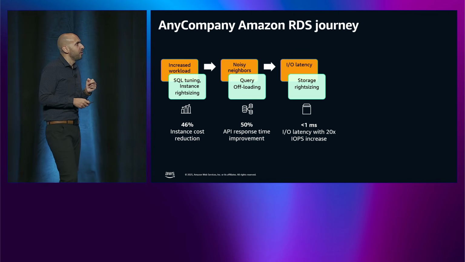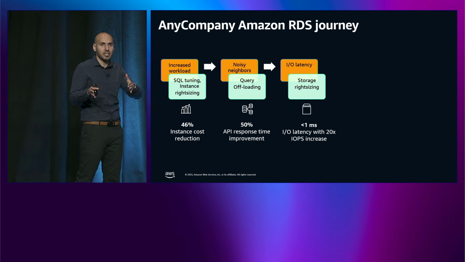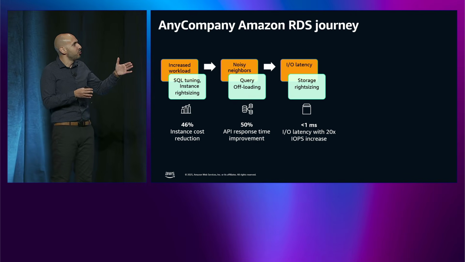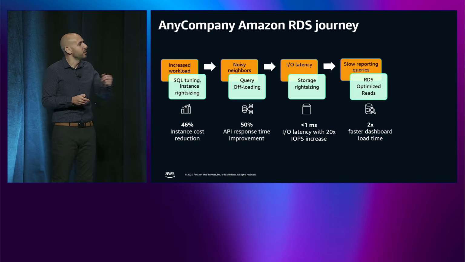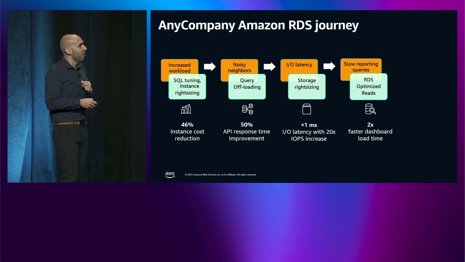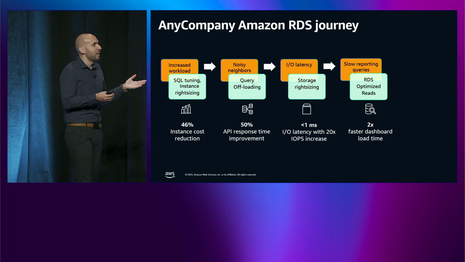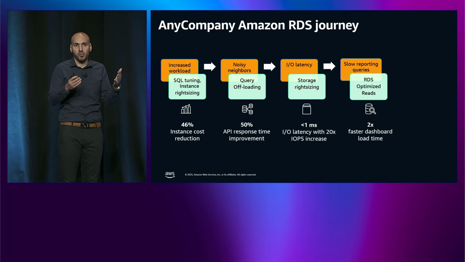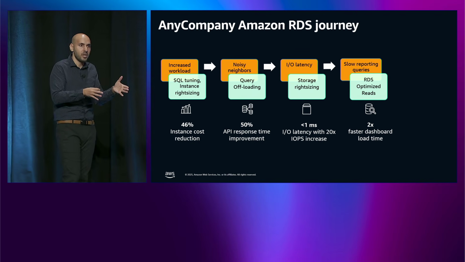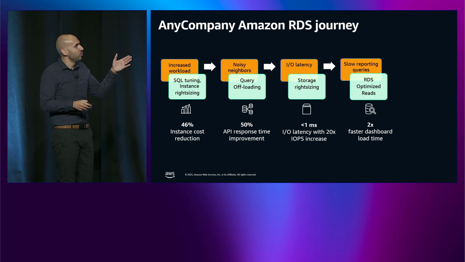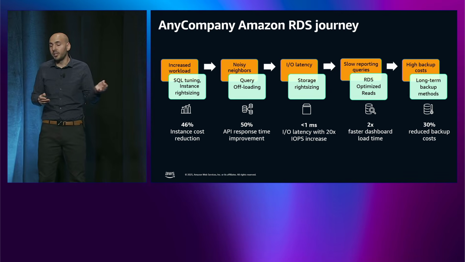Then we had the issue of I/O latency, and I/O latency spiked from 2 milliseconds to 500 milliseconds. We managed to reduce it to sub-millisecond I/O latency by using io2 Block Express. Later, we had the issue of slow reporting queries running on the read replica. By utilizing RDS Optimized Reads with the R6gd instance type, with the d at the end, that comes with the local NVMe SSD, we managed to improve the dashboard load time by 2x.